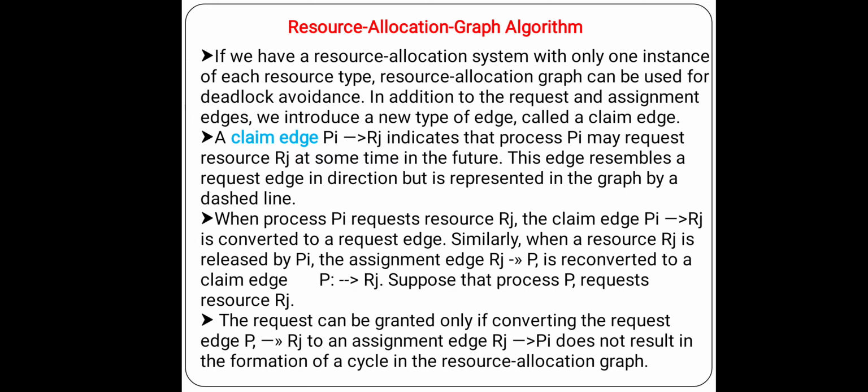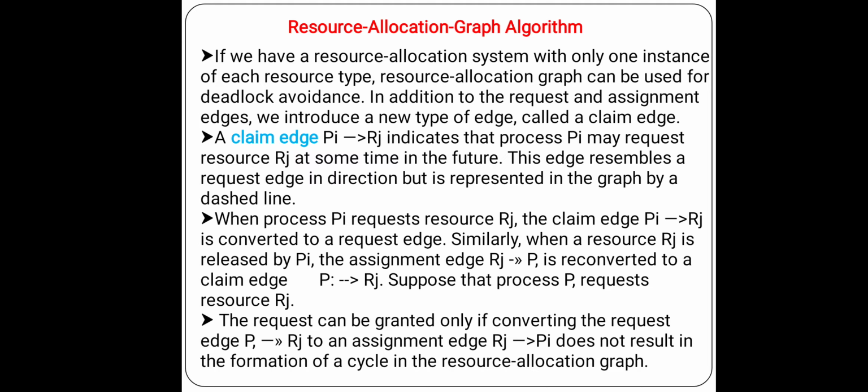Similarly, when a resource Rj is released by Pi, the assignment edge Rj to Pi is converted to a claim edge. So after completing its use of the resource, the process releases it, and the assignment edge is converted to a claim edge, meaning there is a need in the future.